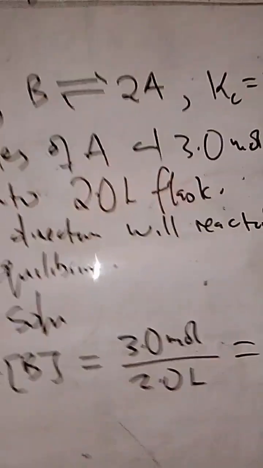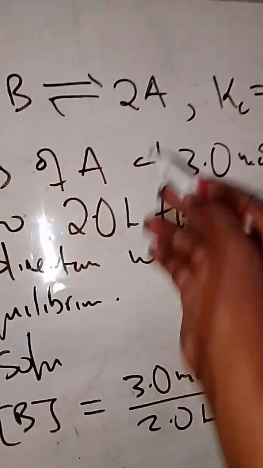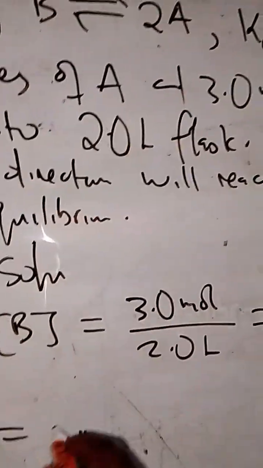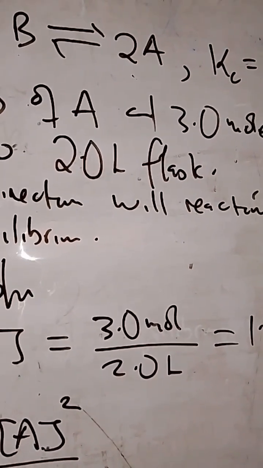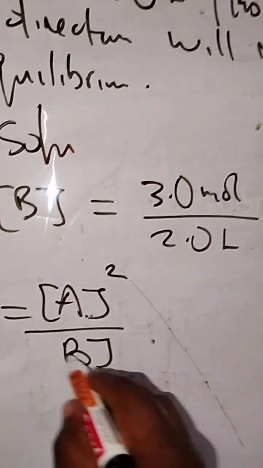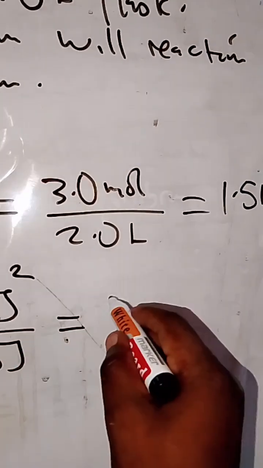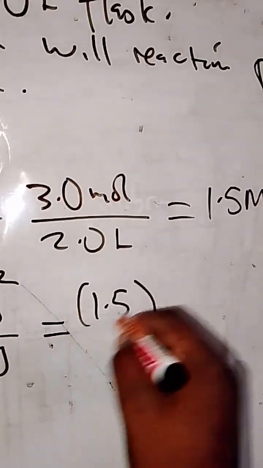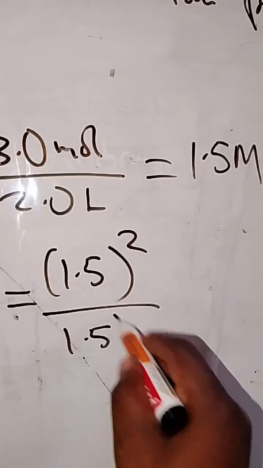So Q will be given as the concentration of A squared over the concentration of B, which is equal to 1.5 squared over 1.5.